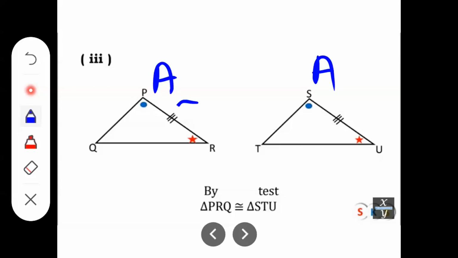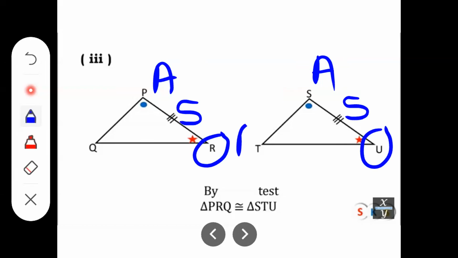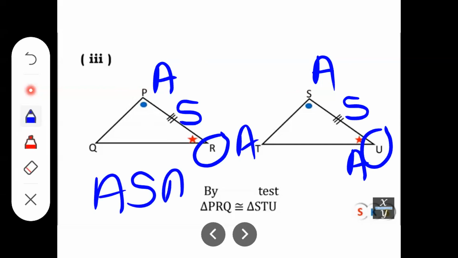Now side PR is congruent with side SU, and another angle, angle R, is congruent to angle U, as the red stars are marked. So this is A again, A for angle. So the test is ASA test.